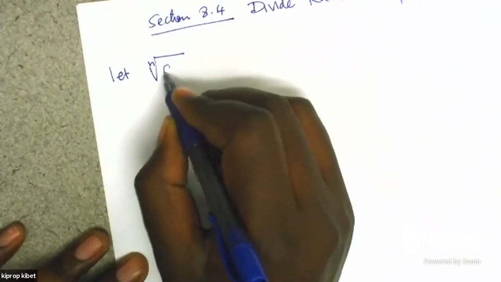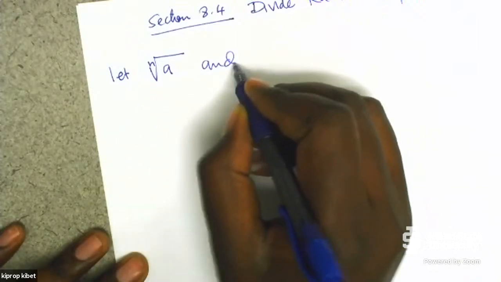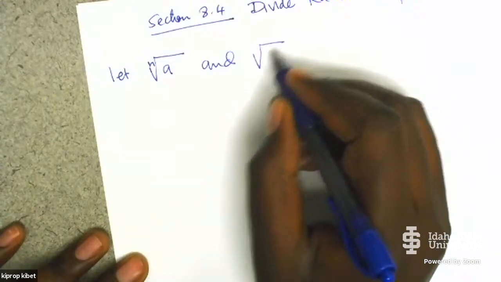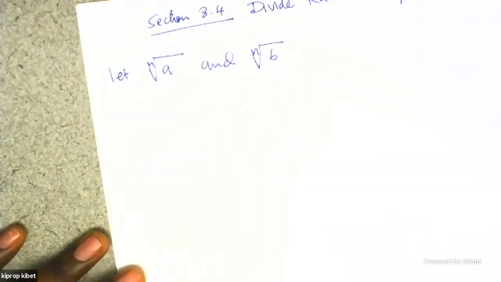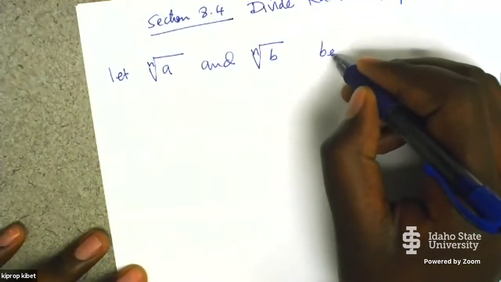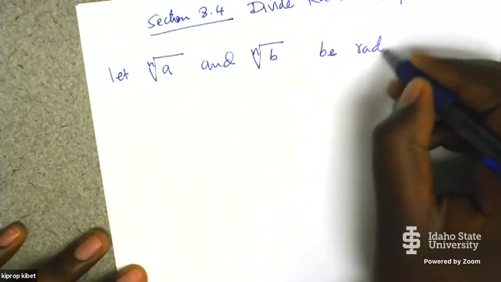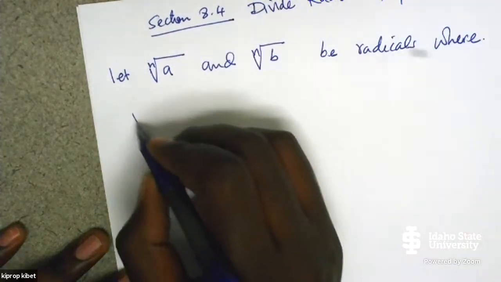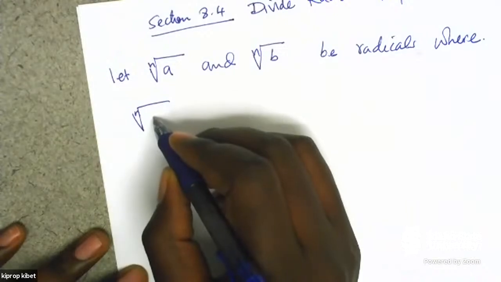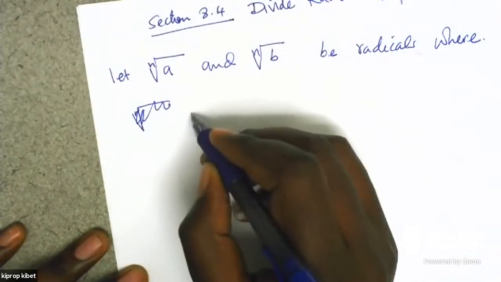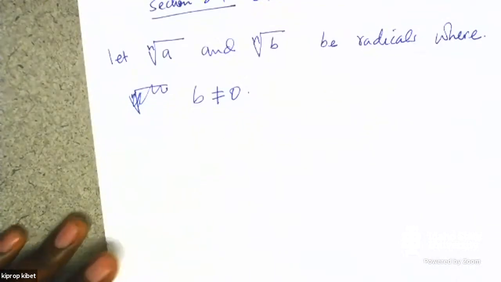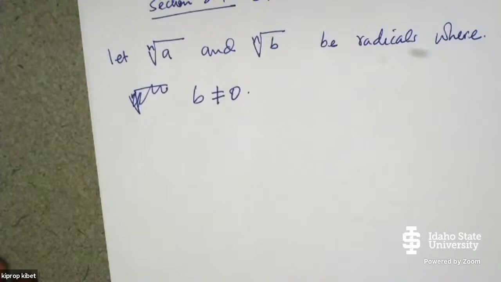Now, the nth root of A and the nth root of B be radicals, where the nth roots, where B is not equal to 0.